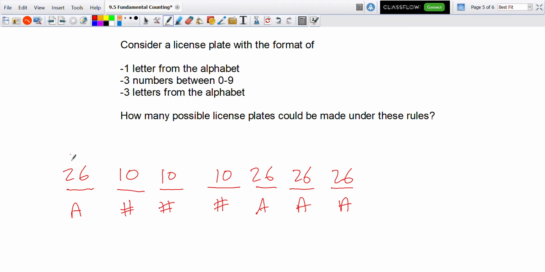So I know in the first slot, there's 26 possible letters to put in, and then 10 possible numbers, 10 possible numbers, 10 possible numbers, 26 possible letters, 26 and 26 possible letters for that last one.